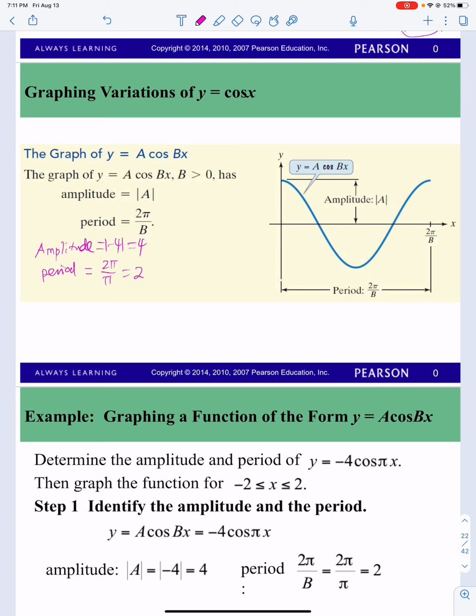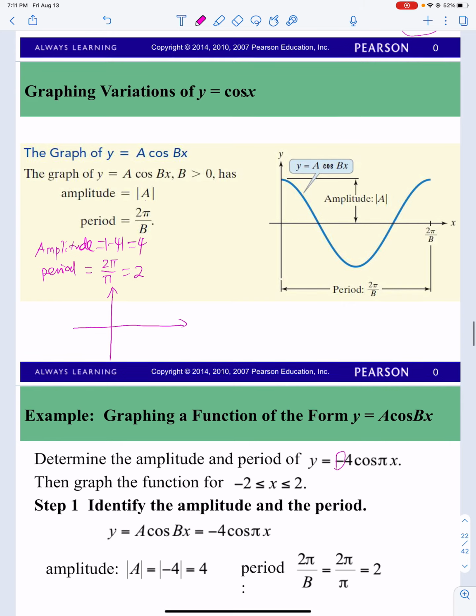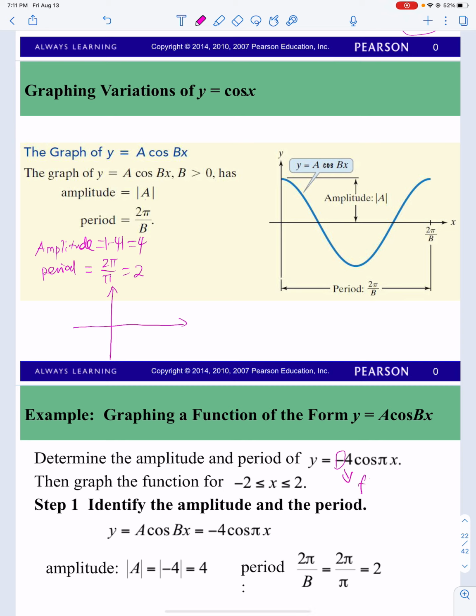Okay, so the tricky part here is, this is what? Cosine. Yeah, what will be the negative cosine? Negative means what? Flip over the x-axis, yeah? So when you flip over the x-axis, what will the picture look like? This one goes to the bottom.